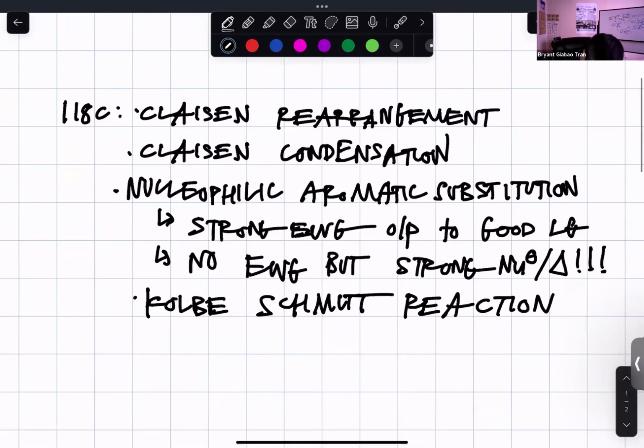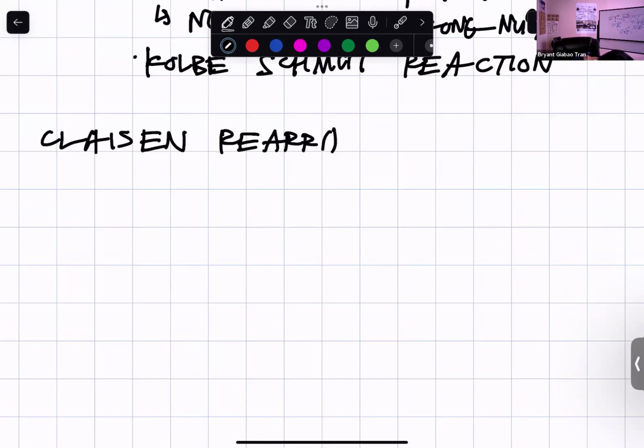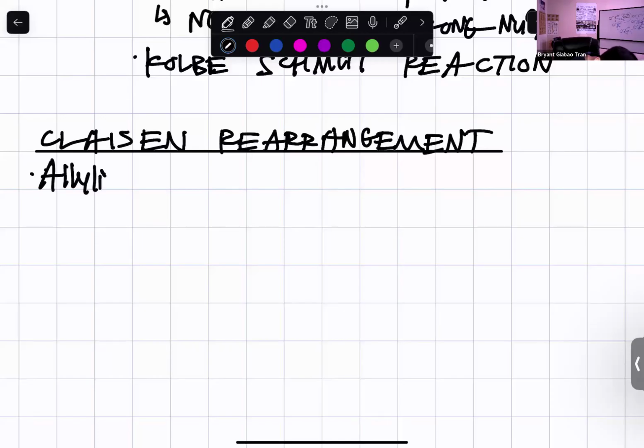Okay, for Claisen rearrangement, this is gonna be an electrocyclic reaction. And this is gonna work with allylic vinylic ethers, right?